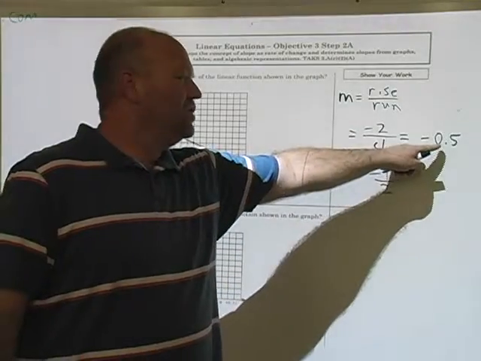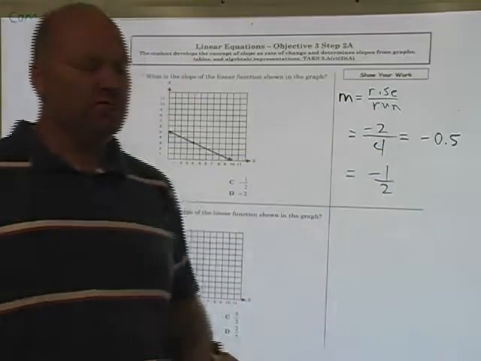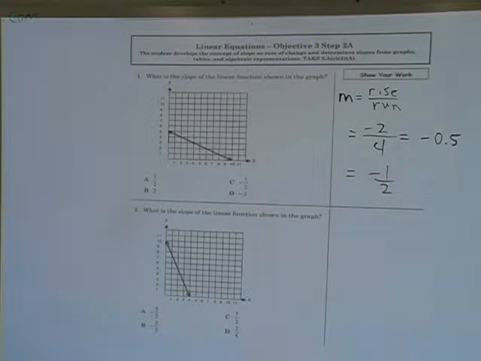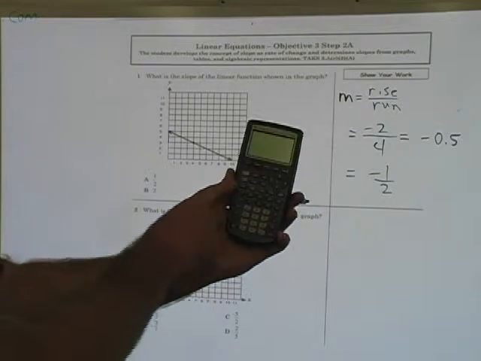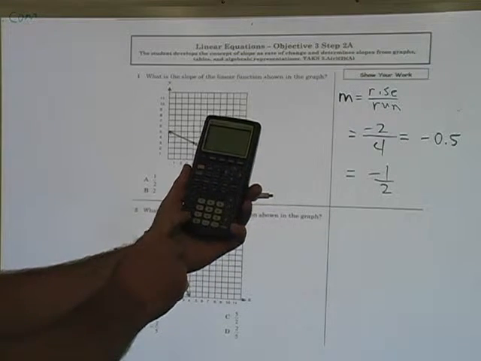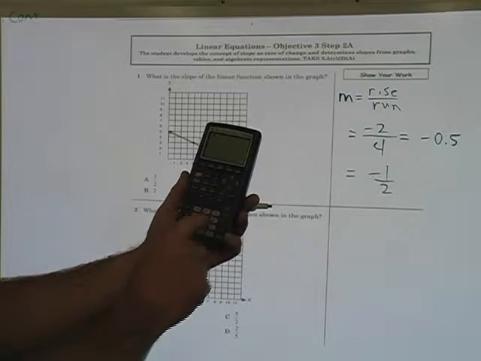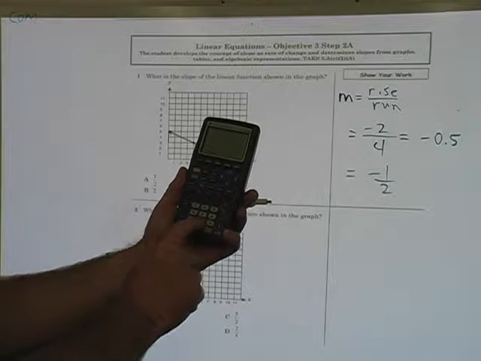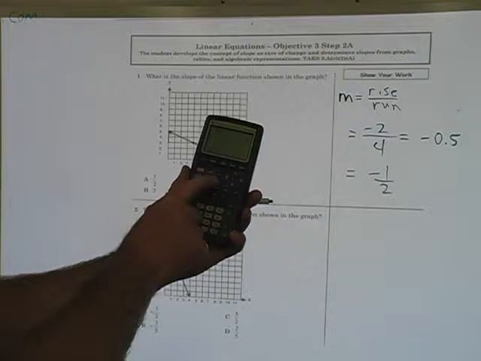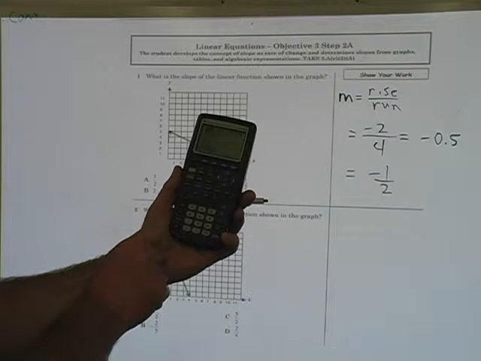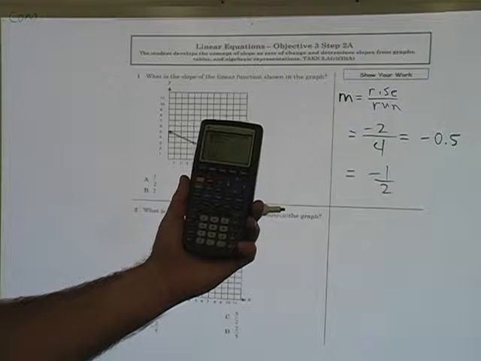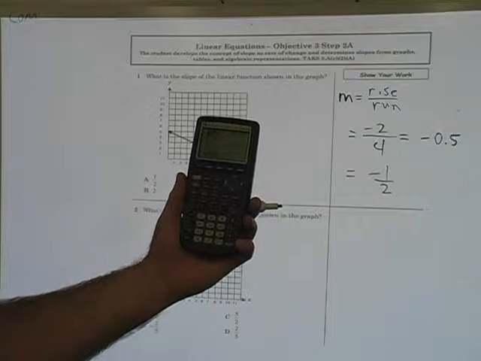So once you get this answer, then you hit the math key on the calculator right here. You punch the math key, and let's see what we've got here. When you hit the math key, you're going to have a list of functions there.